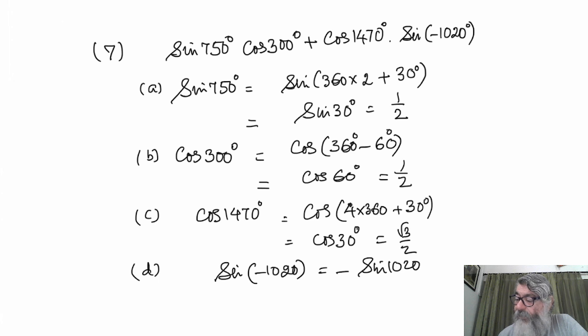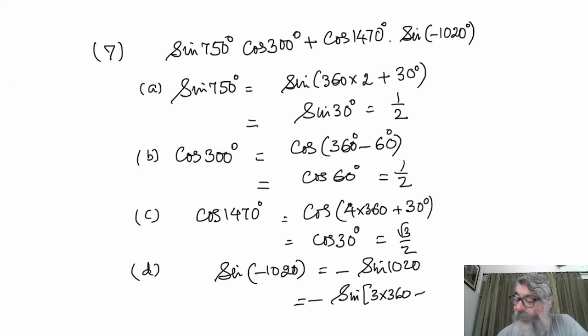So it will be minus sine 1020, and 3 into 360 is 1080.